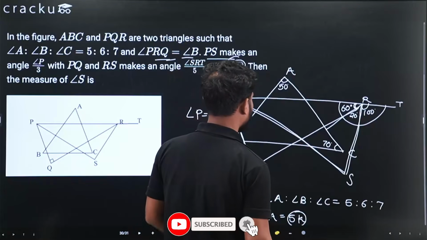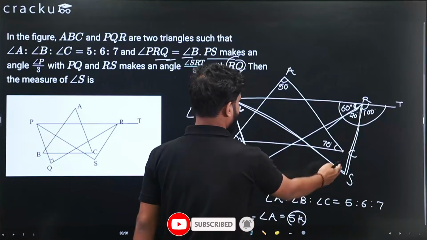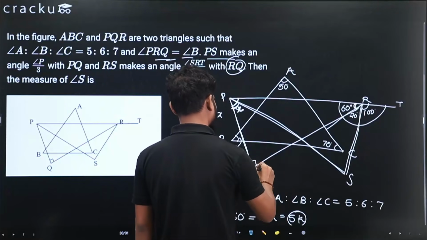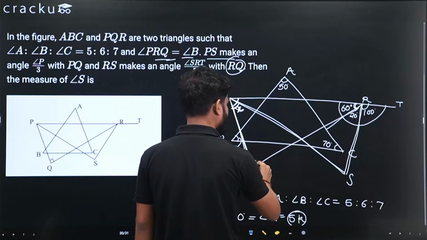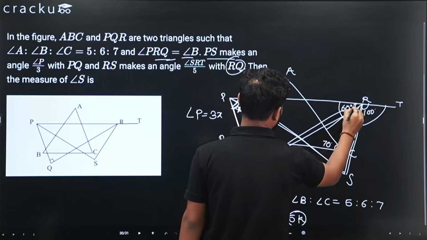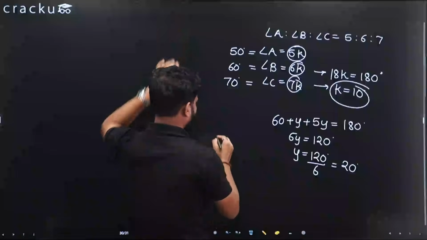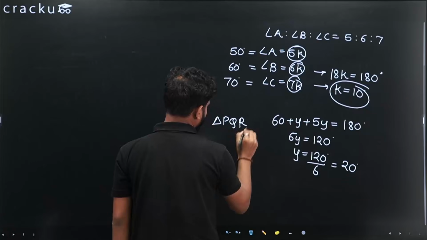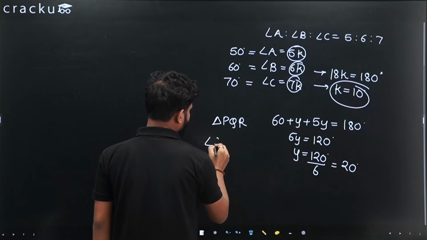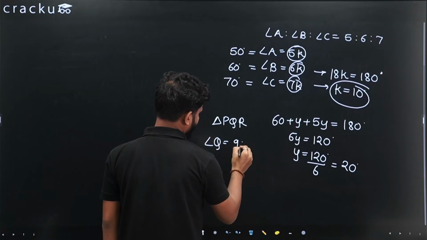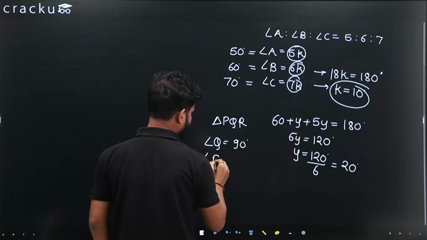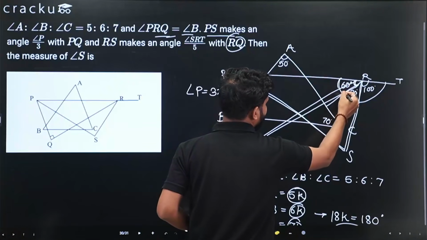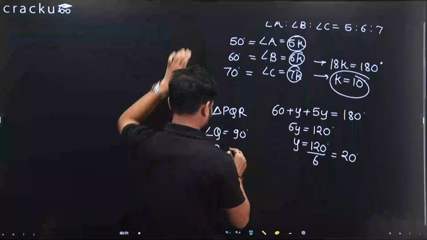What we need to find? We need to find the measure of angle S. Now, if you look into this triangle PQR, in triangle PQR, we have angle Q equal to 90 degree. Angle R is what? In triangle PQR, angle R is 60 degree.